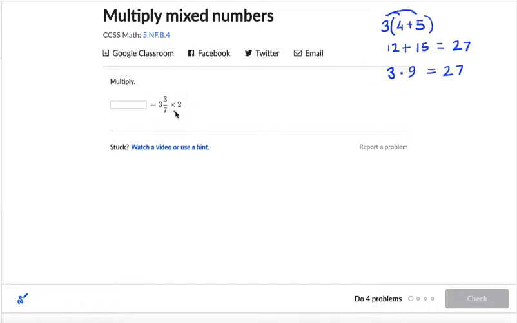So all we have here is a multiplication problem, and this multiplication is what we can work with. We can recognize that this 3 and 3/7 is actually 3 plus 3/7.